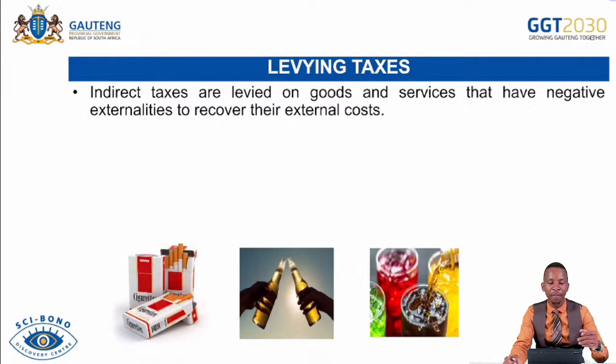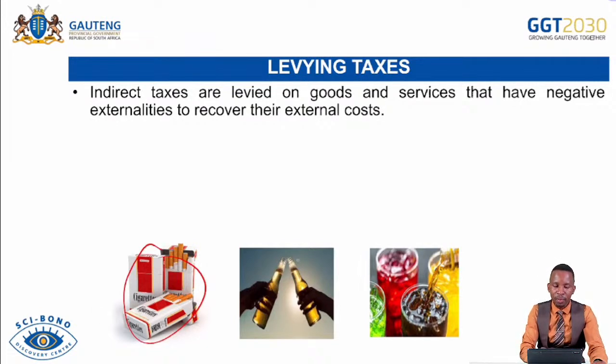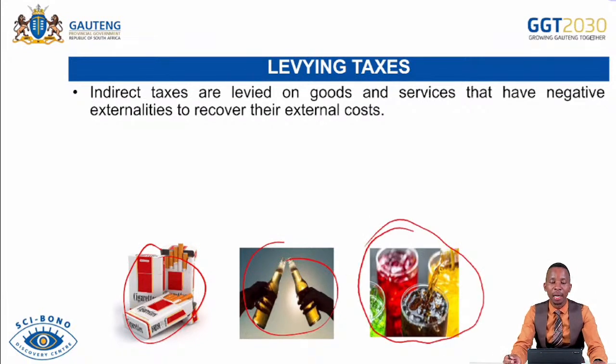If the government intervenes by levying taxes on demerit goods, such as cigarettes, alcohol, and also an increased tax on sugary beverages, it has been increased over and over again in our budget. Indirect taxes are levied on goods and services that have negative externalities to recover their external cost.